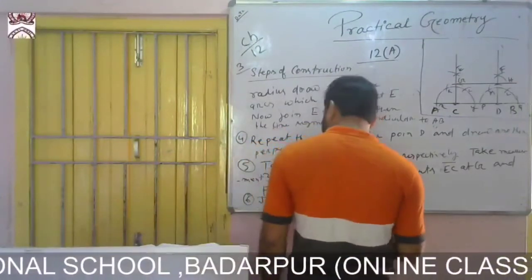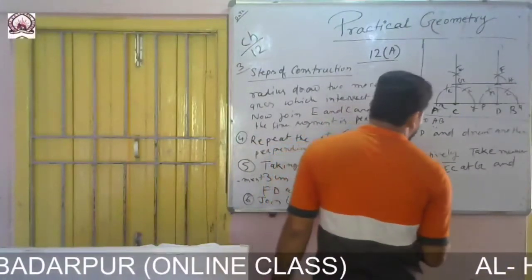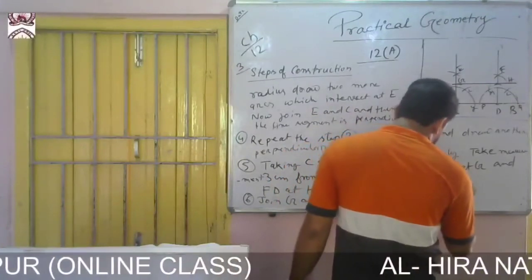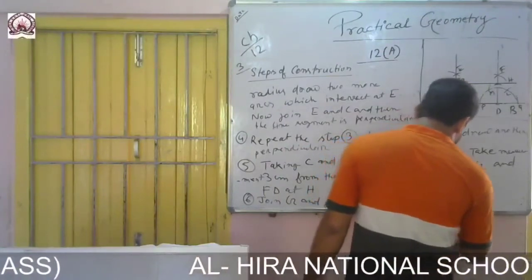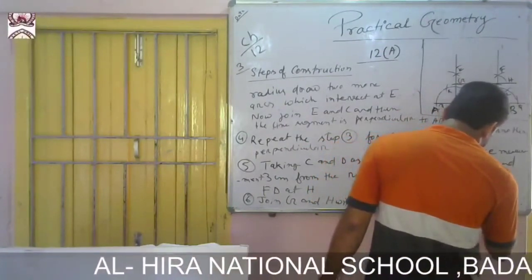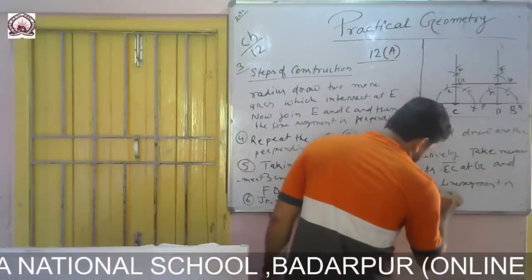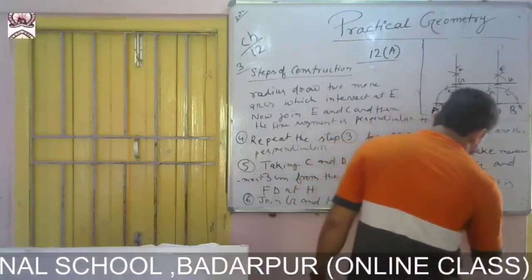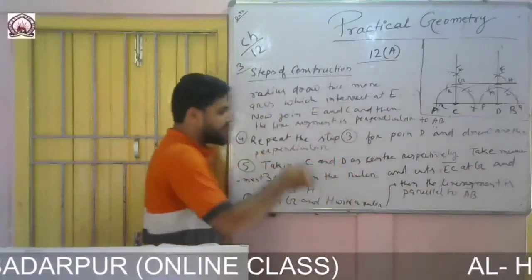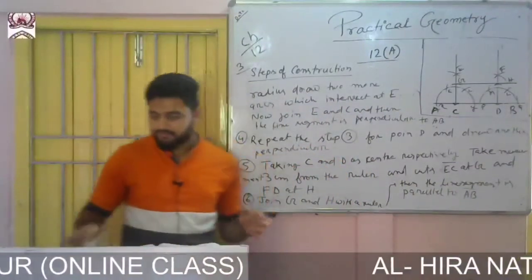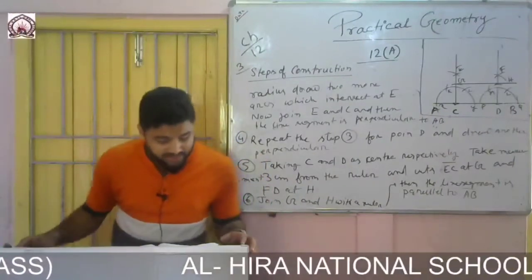Then the line segment GH is parallel to line segment AB. This is the symbol of line segment AB. Okay, so question number 3 is finished.